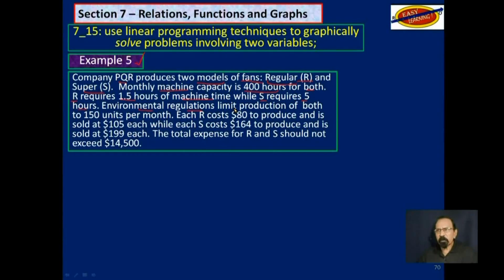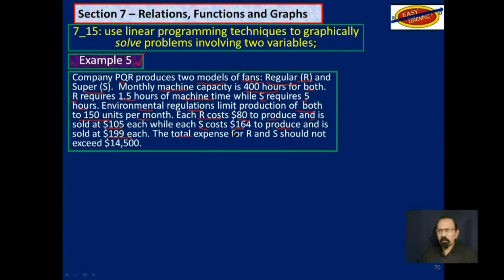Environmental regulations limit production of both to 150 units per month. Each R costs $80 to produce and is sold at $105, while each S costs $164 to produce and is sold at $199 each.